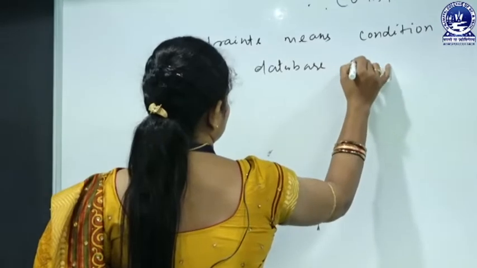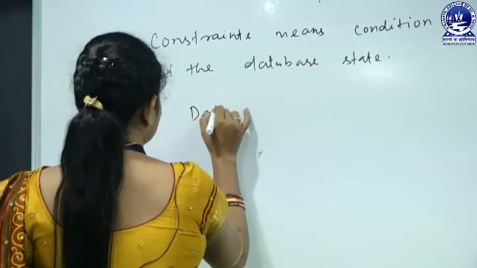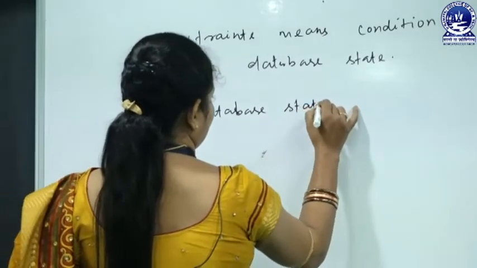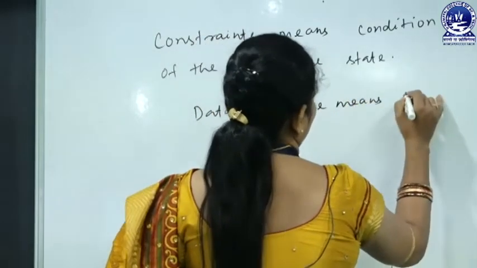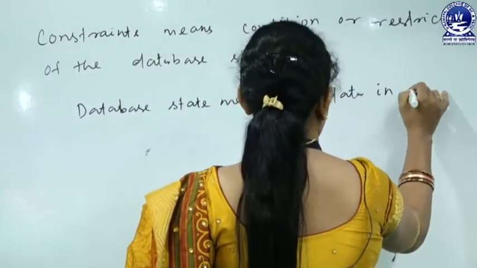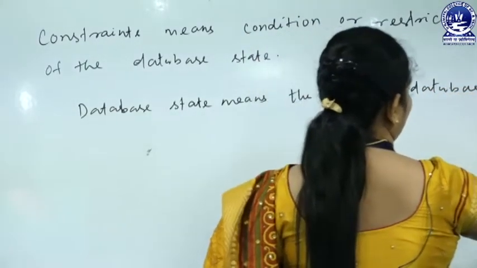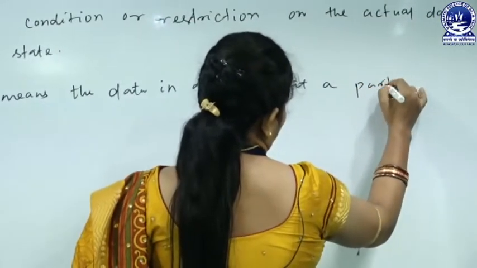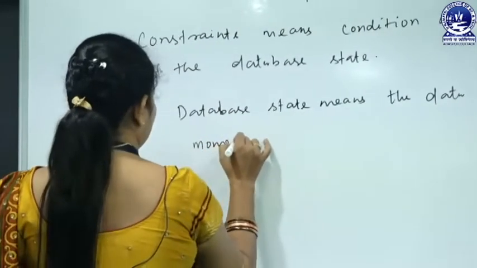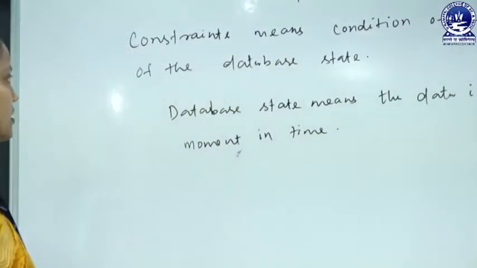As we already discussed the database state, let me define it. Database state means the data in the database at a particular moment in time is called the database state.